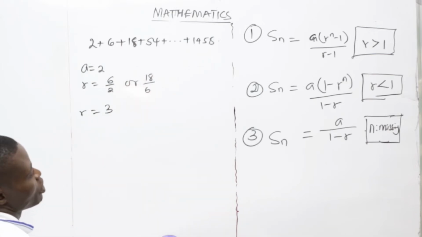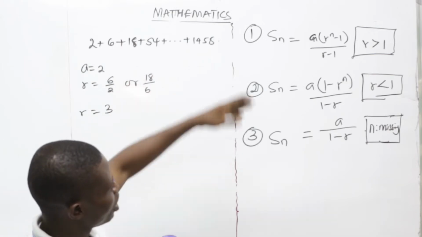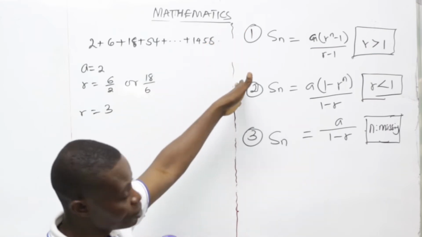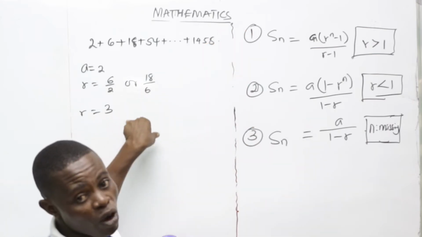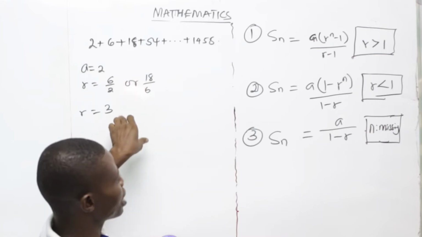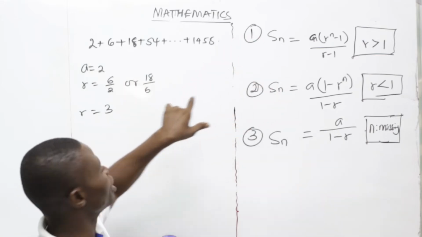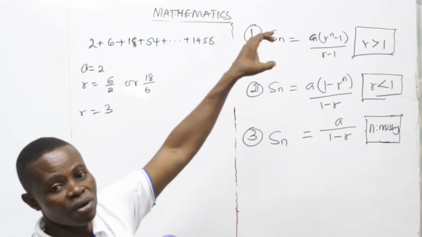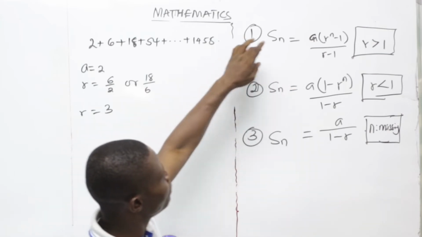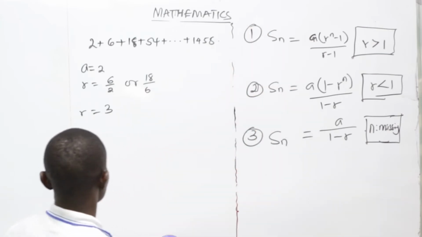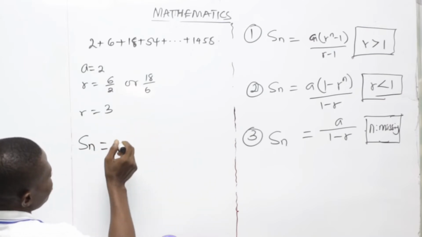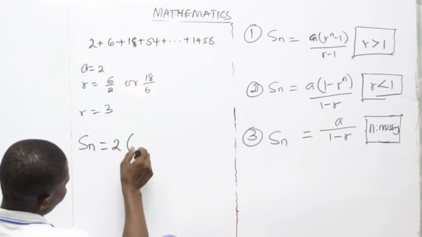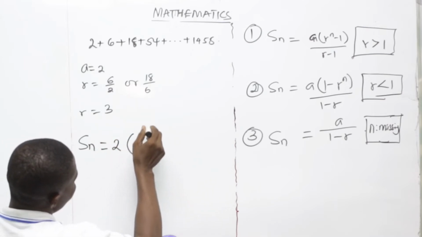To get the sum now, which formula? Formula 1 or formula 2 or formula 3? Looking at this, you can see that the common ratio is greater than 1. Therefore, first formula. To do that, Sn equals A, what is A? 2 bracket 3 raised to power n.